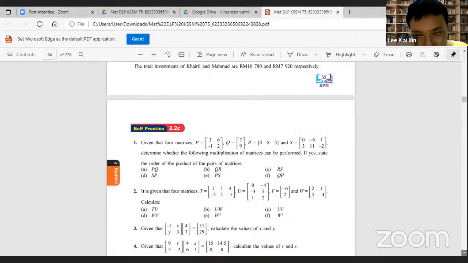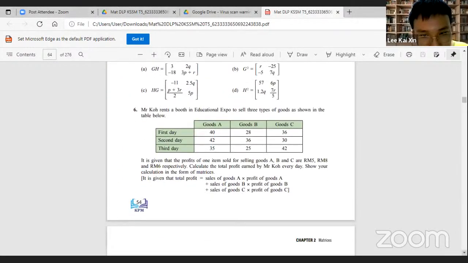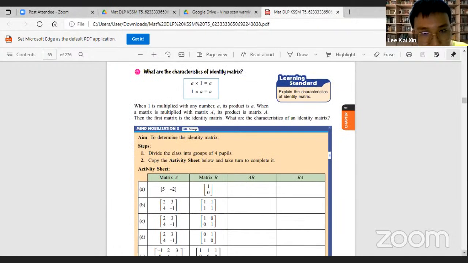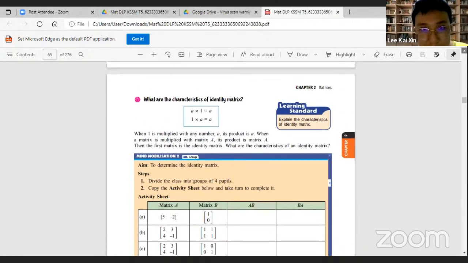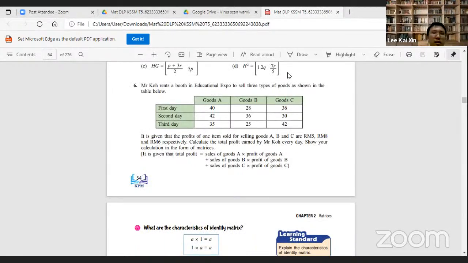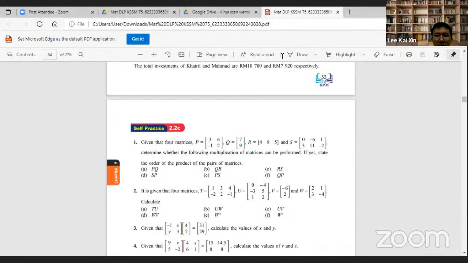Okay, matrix identity, I think. Okay, we should end now.